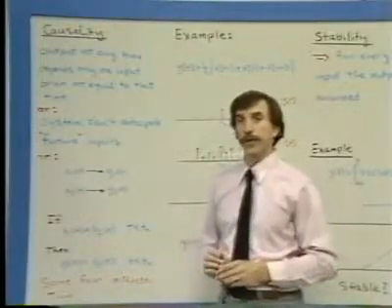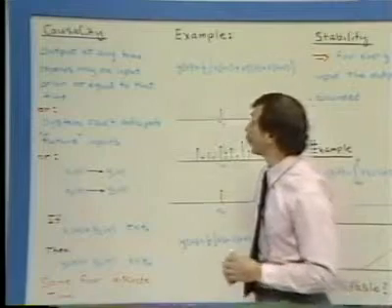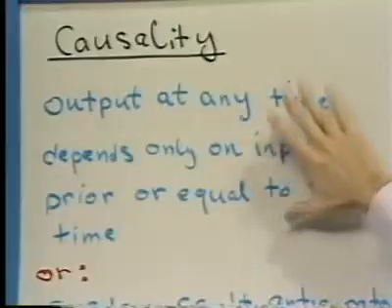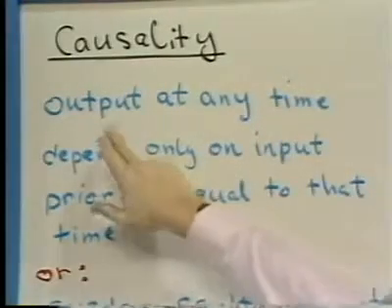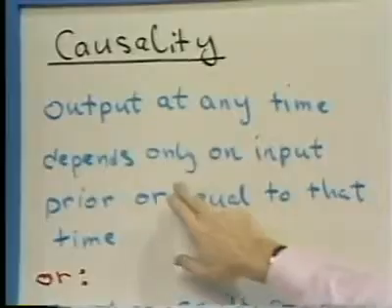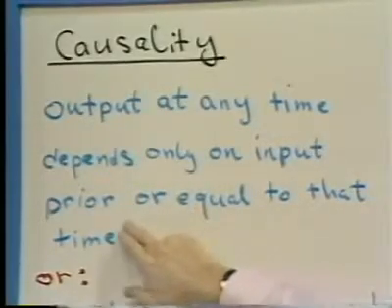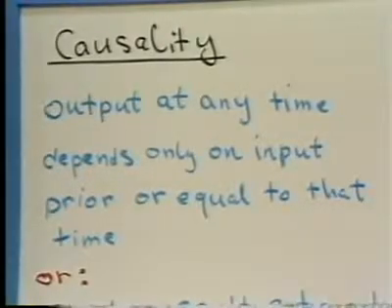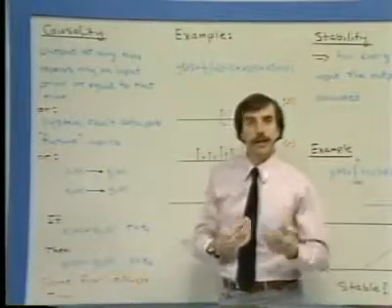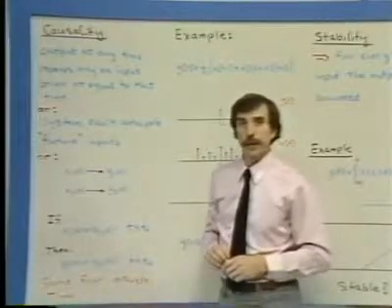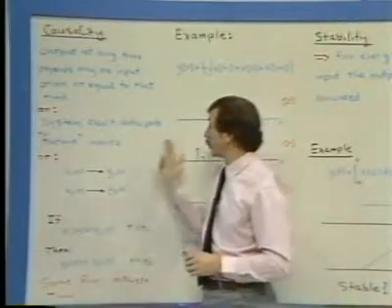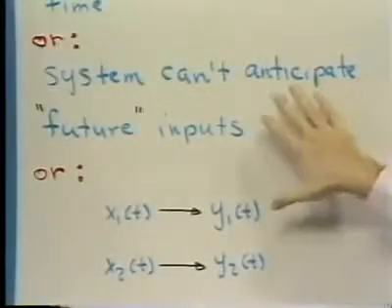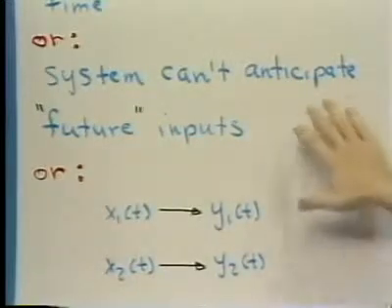So a causal system, both continuous time and discrete time, is defined sometimes as a system which has the property that the output at any time depends only on the input prior or equal to that time. Essentially what we're saying is that the system can't anticipate future inputs. And so that, in fact, is another possible definition for causality, that the system is causal if it can't anticipate future inputs.